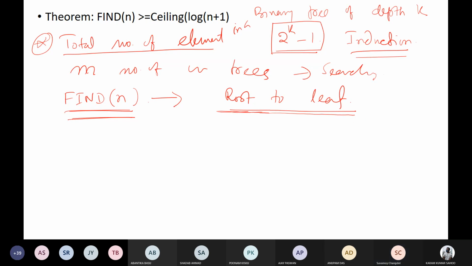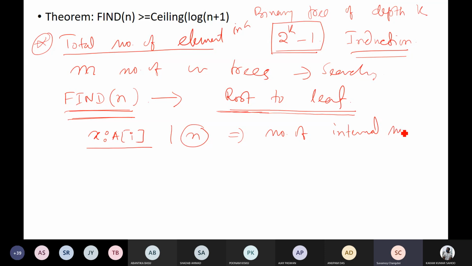Okay. So how many internal nodes are there? Since this represents the internal nodes, that is x is compared with ai, and we have considered that the total number of elements is n. Therefore, the number of internal nodes is equal to n, right?